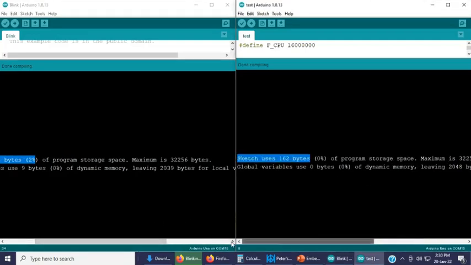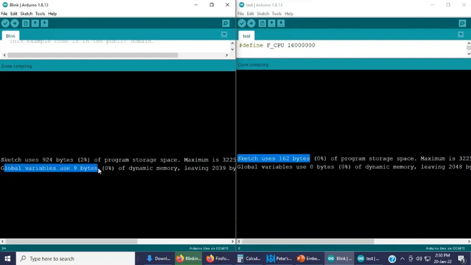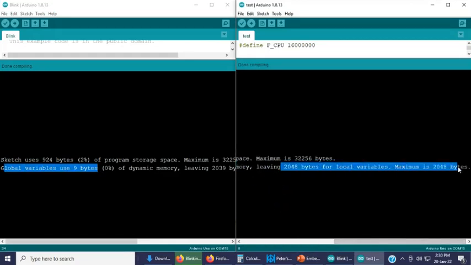So 162 bytes and 924 bytes, that is the first comparison. Second, here you are using 9 bytes of RAM, here almost 0 bytes of RAM. So your whole RAM is almost vacant, free for use, and you are achieving the same task.